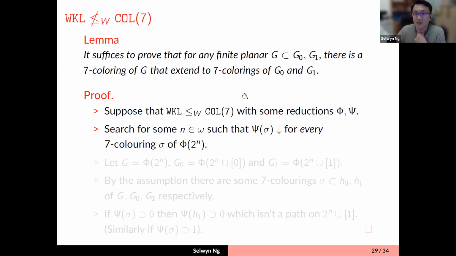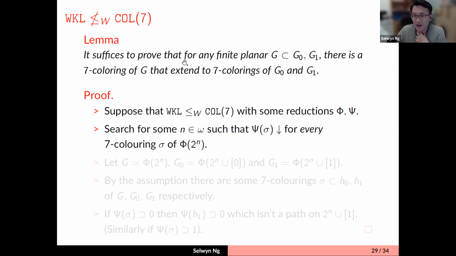Now, it can be shown that this is in fact equivalent to whether or not WKL is Weihrauch reducible to the 7-color theorem. So you can replace 7 by any other number here also. Right. So why is this sufficient?